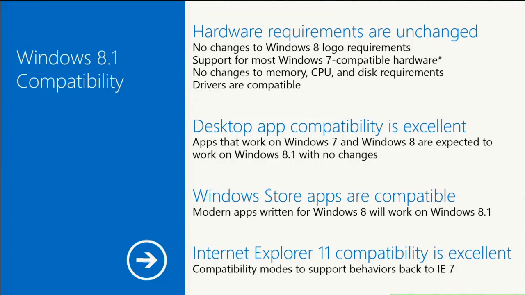There are a couple of exceptions for machines that successfully run Windows 7. In order to run Windows 8 and Windows 8.1, the machines do need to support certain processor features: NX, PAE, and SSE2.